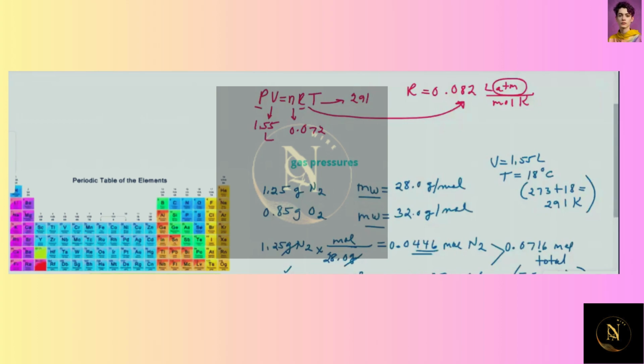When you plug in each of the numbers and do the math, we get 1.11 atmospheres, or appropriately, with two significant figures, 1.1 atmosphere. That's the total pressure of the system.